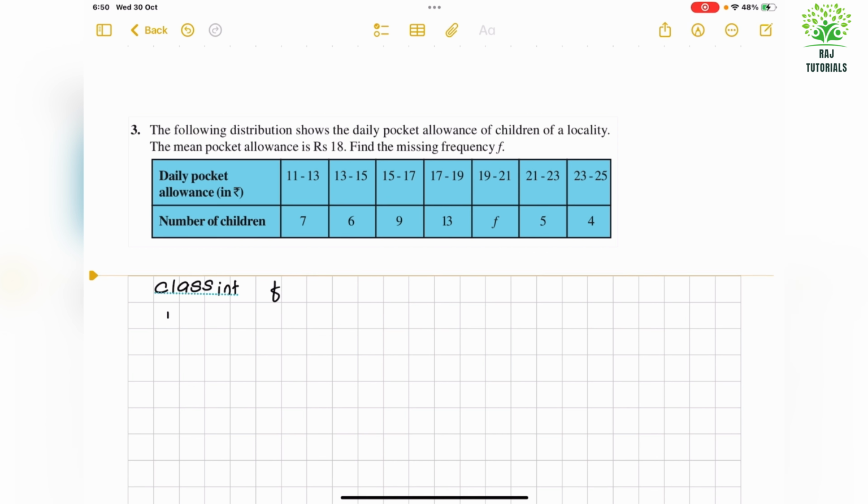So class interval is 11 to 13, value is 7, 13 to 15, value is 6, 15 to 17, value is 9, 17 to 19, value is 13, 19 to 21, f, 21 to 23, 5, 23 to 25, value is 4.